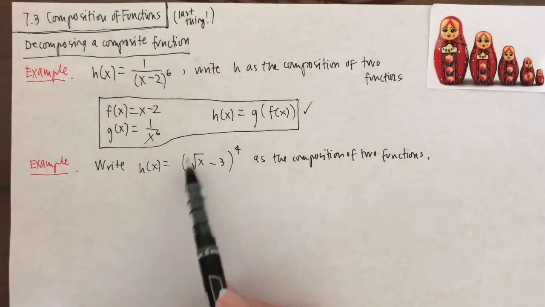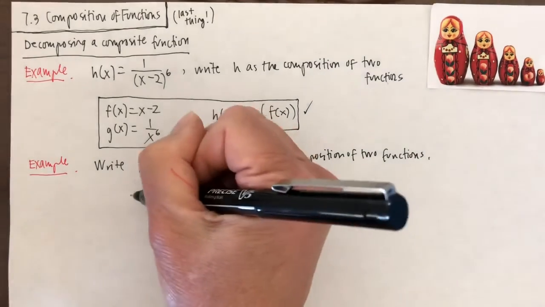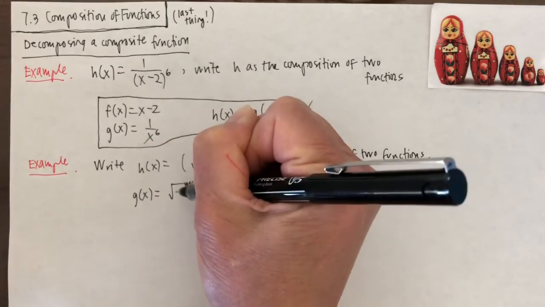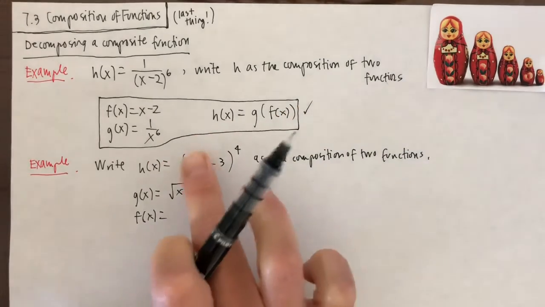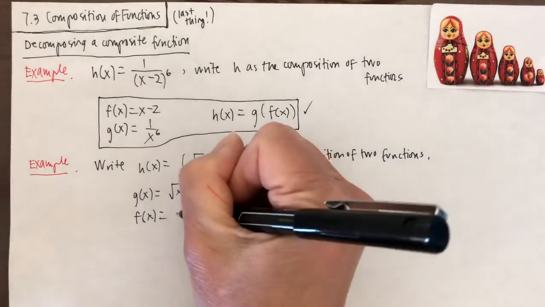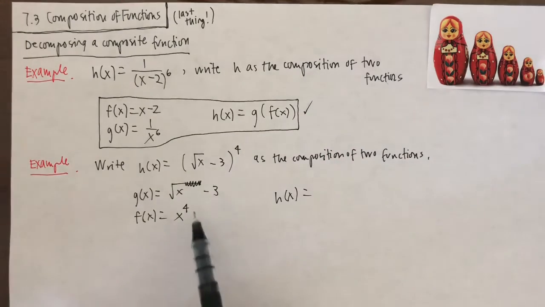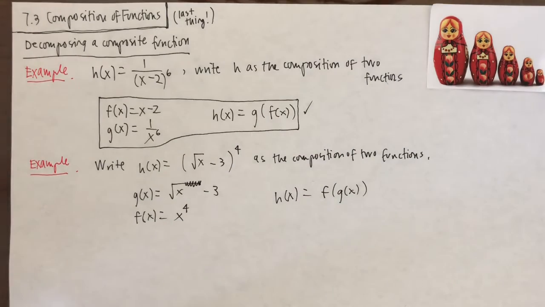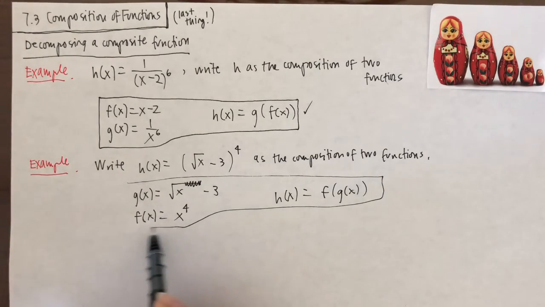I'll take this whole thing as a function, and just so we get more comfortable with the notation, I'll call g of x the square root of x minus 3, and I'll call f of x an input raised to the 4th power. Then h of x would be, it's like you're taking g into f. So g of x is going into f. And that would be one way to decompose those 2 functions.